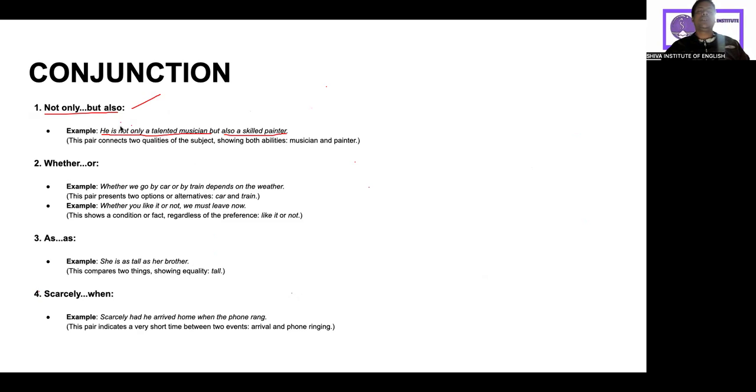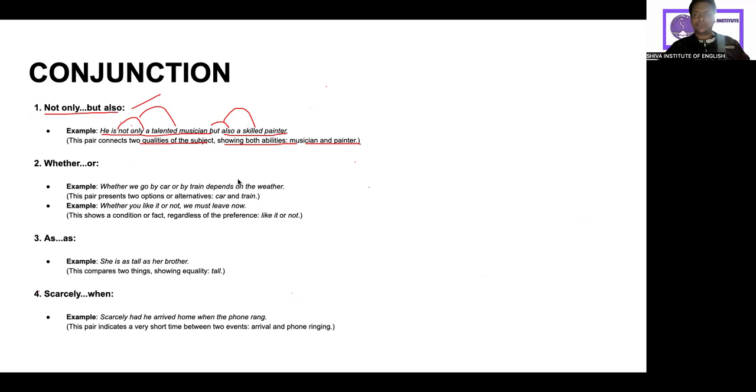What do you find? The phrase not only is used before a talented musician, which is a noun phrase, and but also is used before a skilled painter. In that case, the pair not only...but also connects two qualities of the subject, showing that he has both abilities, talented musician and skilled painter.